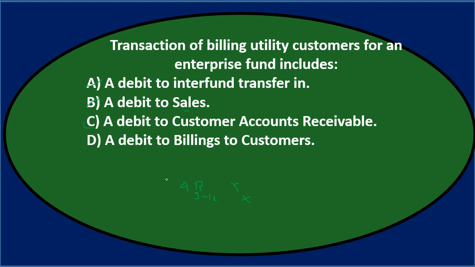Again, that might sound like an accounts receivable type of account, but that one's really more of a revenue type of account, and the revenue type of account would be a credit. So it looks like the final answer is C. Transaction of billing utility customers for an enterprise fund includes C, a debit to customer accounts receivable.